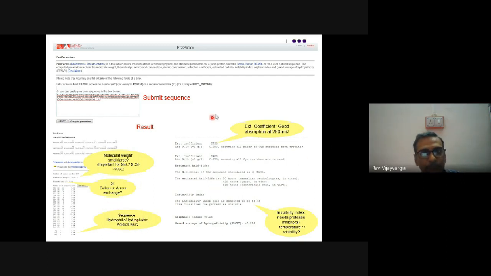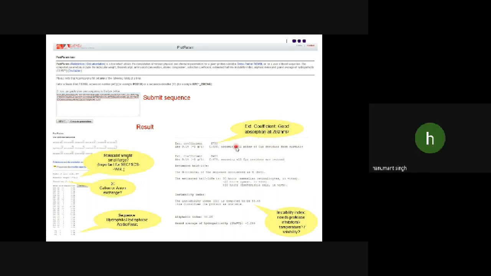Also, it will give information about the extinction coefficient. One method to determine protein concentration is to measure the absorbance at 280 nanometer. Which amino acids absorb light at 280 nanometer in proteins?